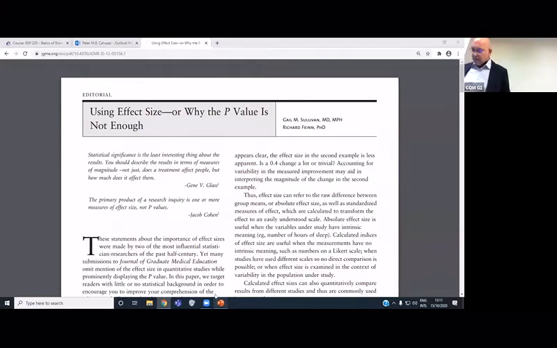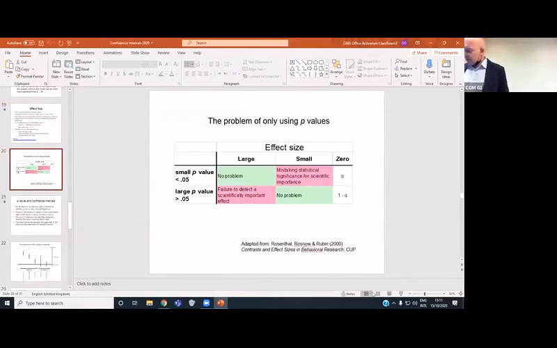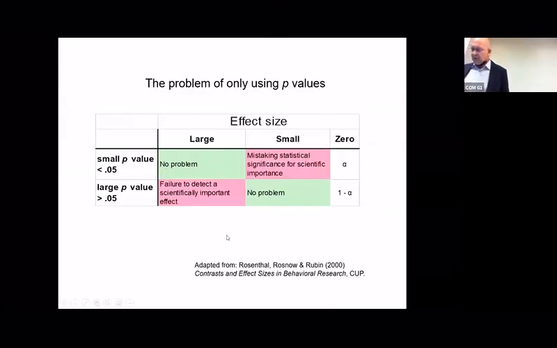Okay, so on to today's lecture. What we have here is a table that has the effect size along the top and the p-value on the vertical axis, if you like. If we've got a small p-value, less than 0.05, then that would be statistically significant, all right?